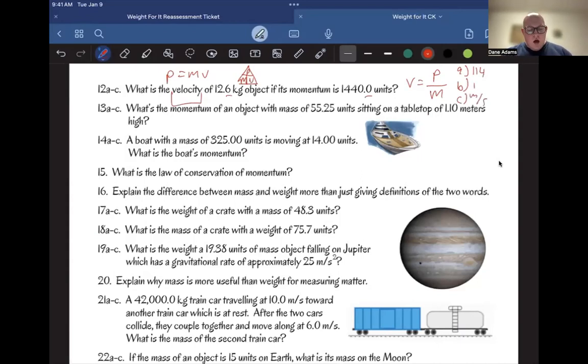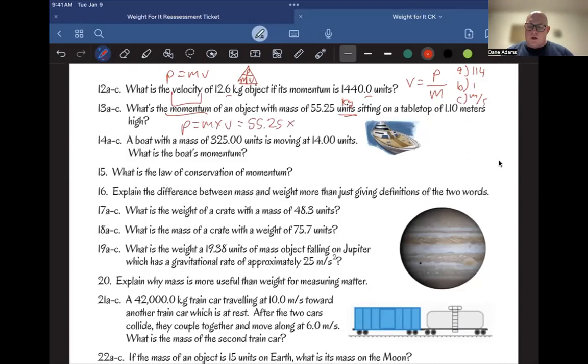Number 13 reads, what's the momentum of an object with a mass of 55.25 units? Remember that sometimes I omit units. We are to assume I'm using the standard SI unit. So in this case, I can assume that those units mean kilograms, sitting on a tabletop of 1.10 meters high. Well, to find momentum, we have to do mass times velocity. The mass of this object is 55.25.